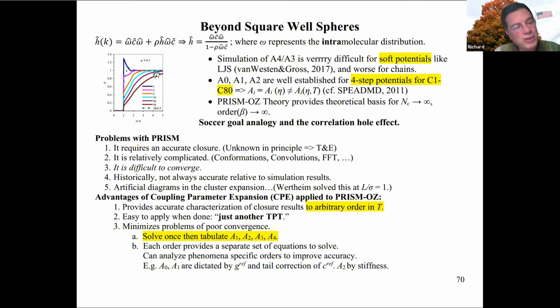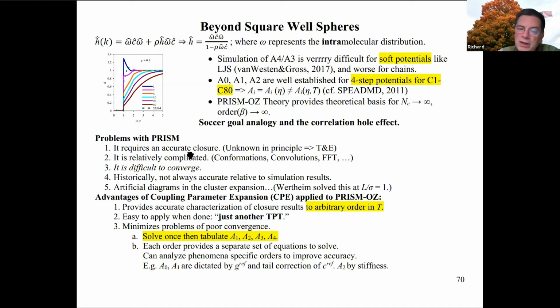This correlation hole effect has always been kind of interesting to me because it leads to a result that seems counterintuitive. You think as you add more sites, you're going to get more energy, but because of the correlation hole, on the average, the amount of energy you get is not as much as you think it's going to be.